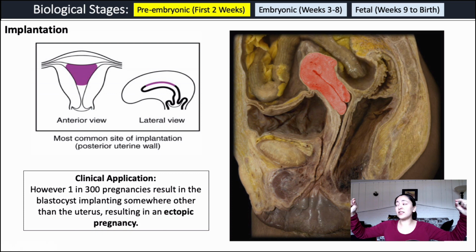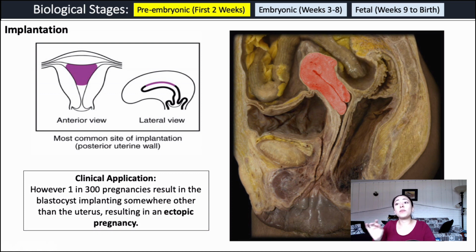So the fertilized egg doesn't make it all the way to the uterus and it implants too early. This could happen because of some sort of blockage or scarring in the uterine tubes. In the case of a tubal pregnancy, that would end in a miscarriage, or it would have to end in termination of the pregnancy because it is extremely dangerous for the mother if the uterine tube actually bursts open.